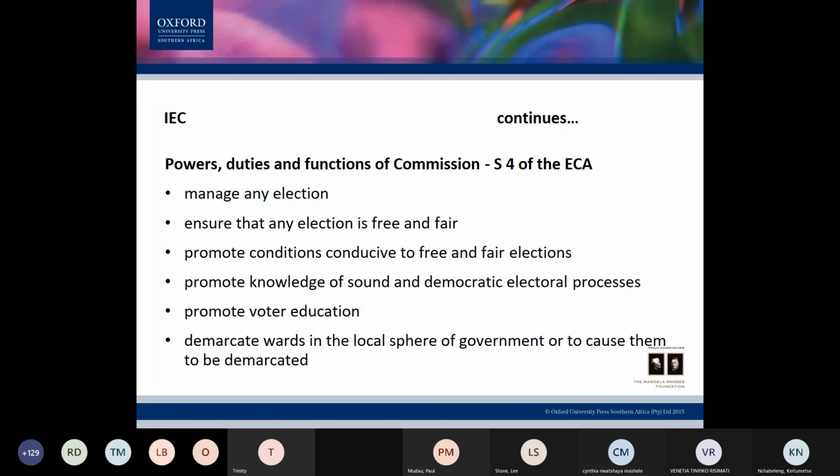You know that in other African countries, it is impossible for the IEC to promote conditions that are conducive to free and fair elections, because you may find that the army or state apparatus that forms part of the security and defense organs of state actually form part of the governing party's tools that are used to violate democratic rights.